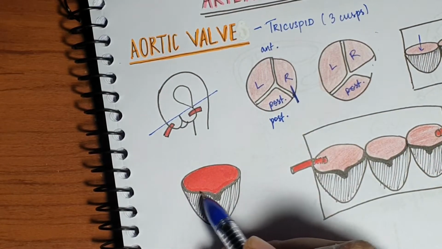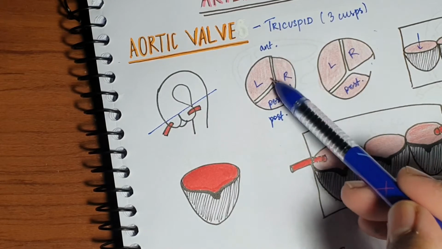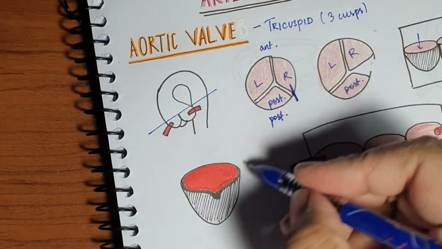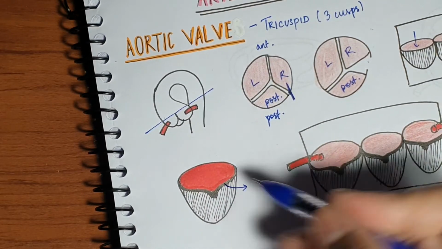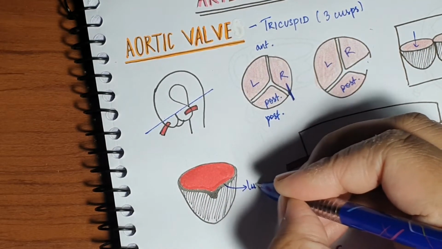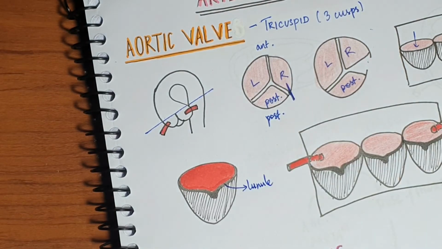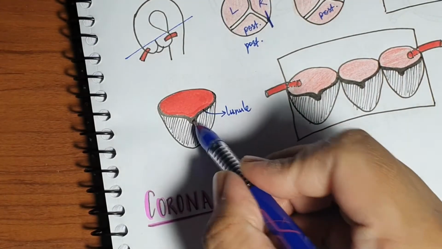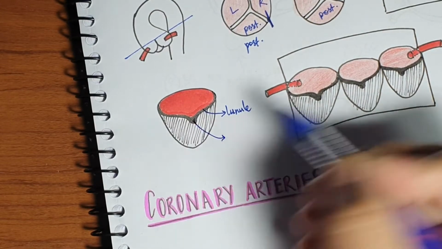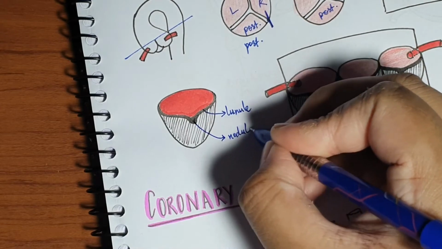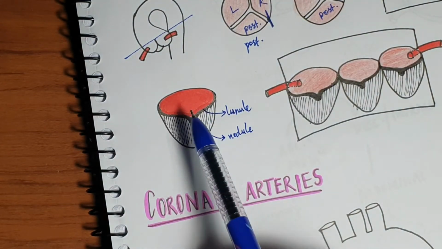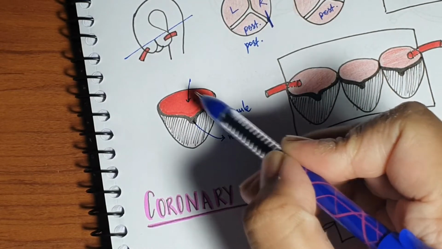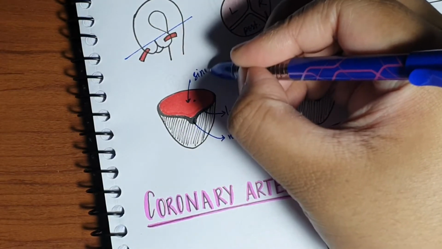Now you have seen here that these cusps are in contact with each other and these edges are thickened, and the thickened edge is called a lunule. And this part here, the apex, is also thickened and it's called the nodule. And since it's like a bowl, there's some space here which can fill with blood, and that is called the sinus.